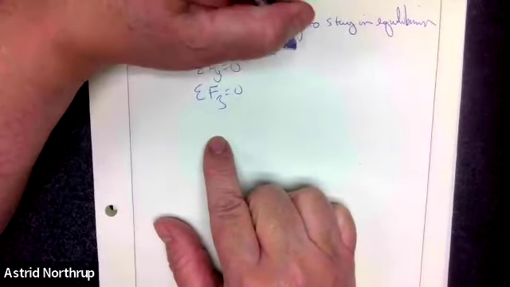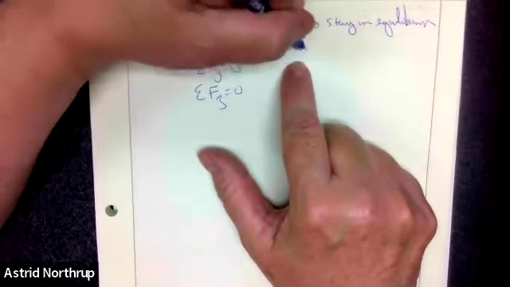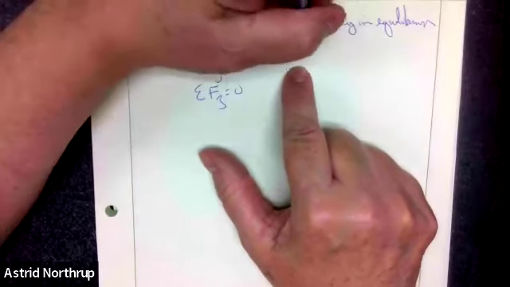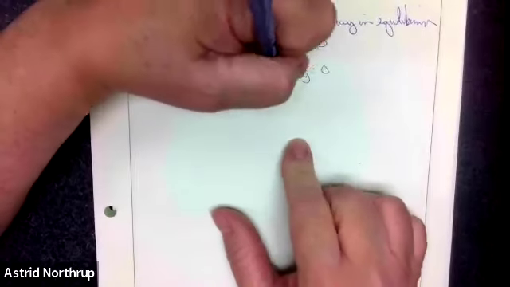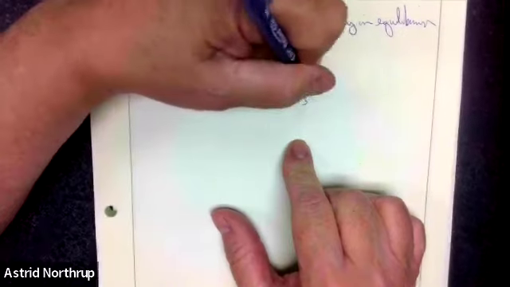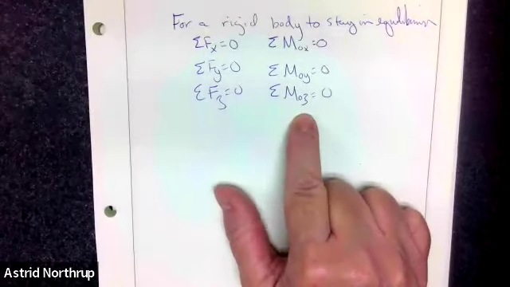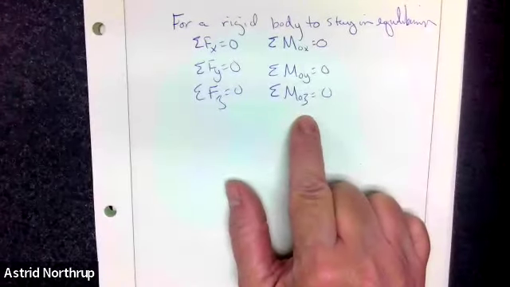And similarly, the moments about any point in the x direction, the moments about any point in the y direction, and the moments about any point in the z direction have to equal 0.